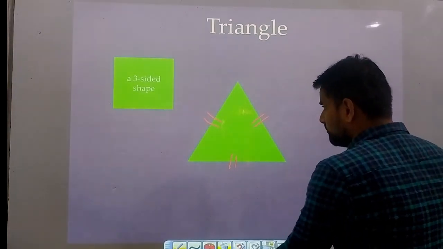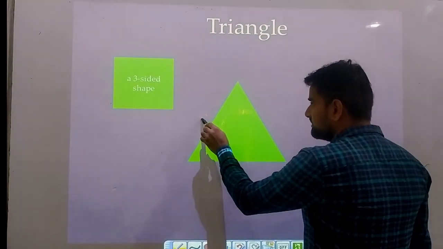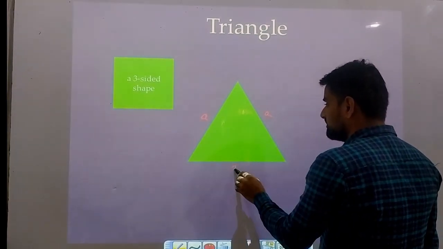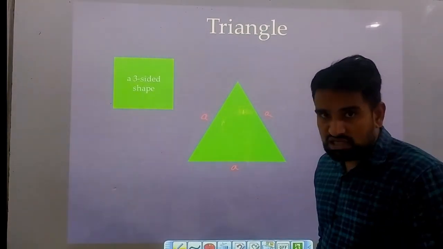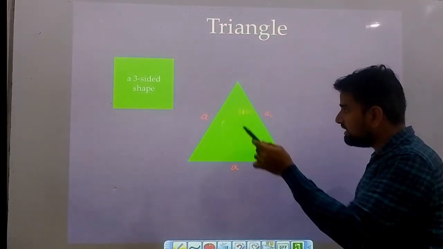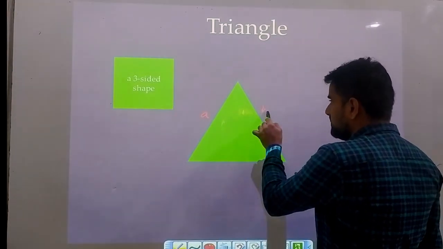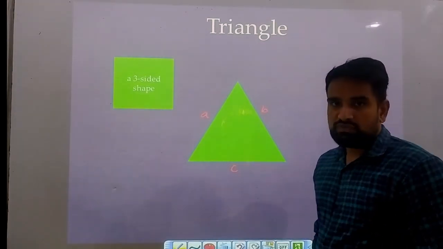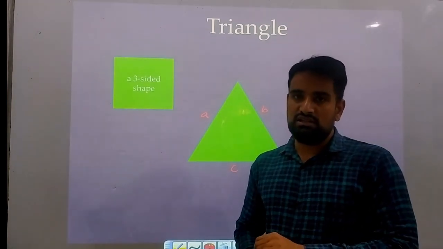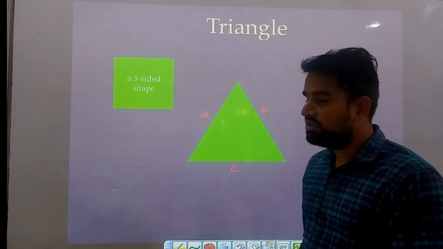These three sides may or may not be equal. If they are equal, I denote them by A and A. If they are not equal, they may be assigned by A, B and C. So it's not compulsory that in a triangle all three sides will be equal. It may or may not be equal.